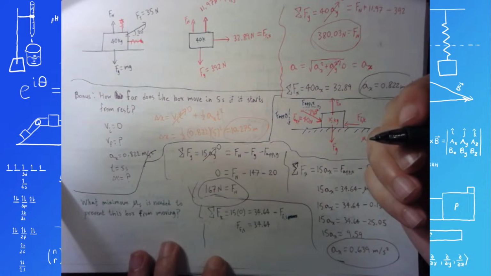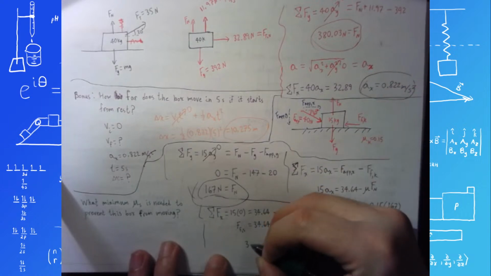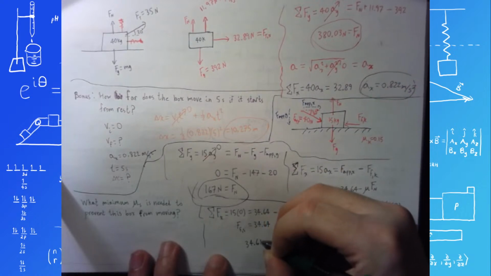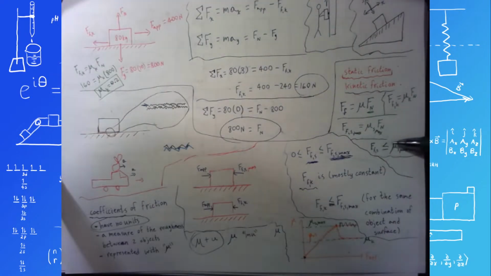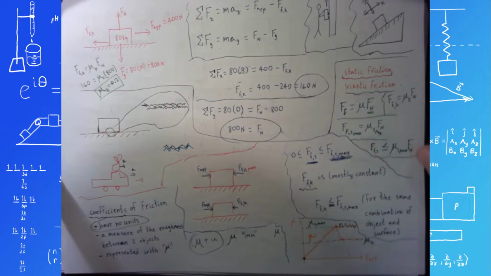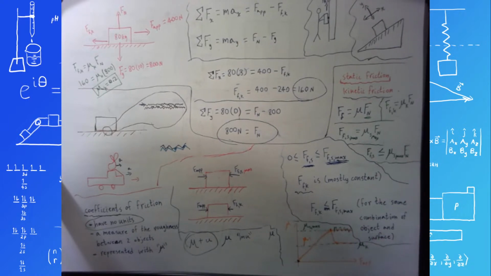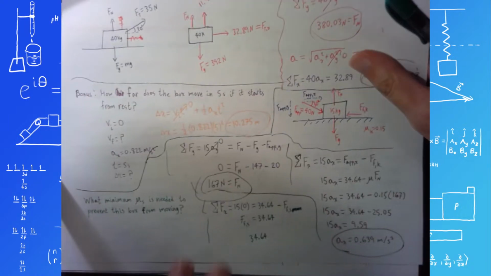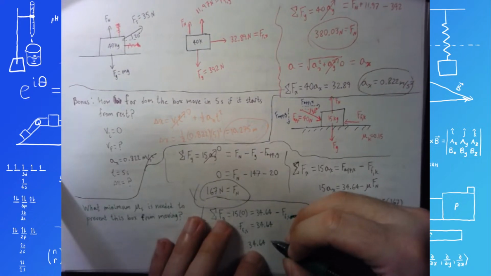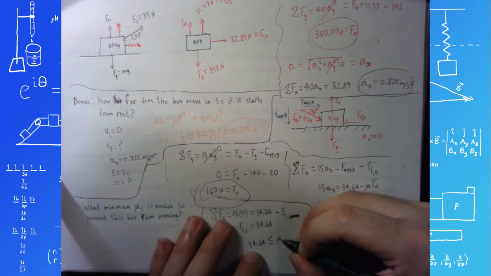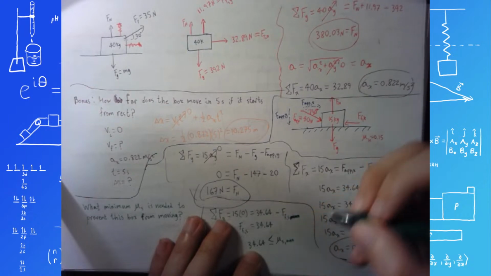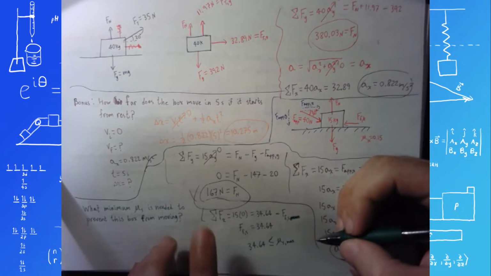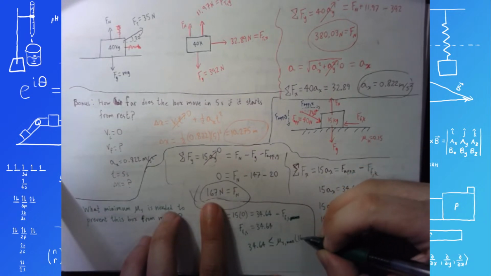Then I want 34.64 to be less than or equal to some coefficient of static friction times the normal force. I want 34.64 to be less than or equal to the maximum coefficient of static friction times the normal force, which was 167.